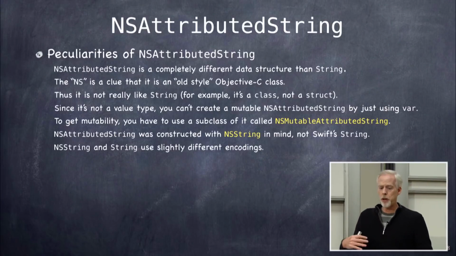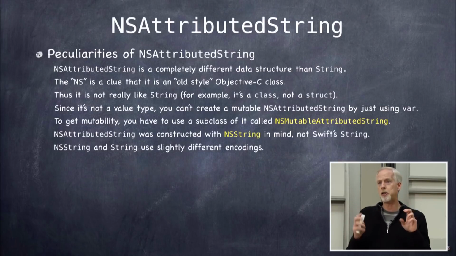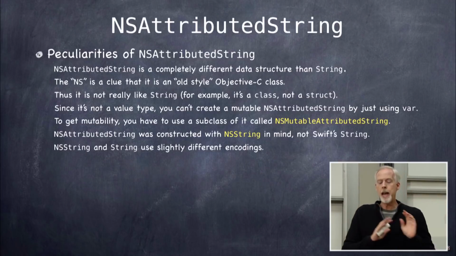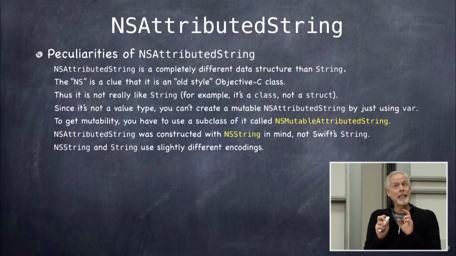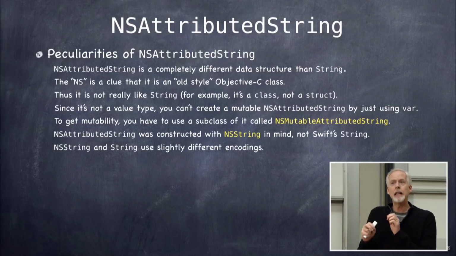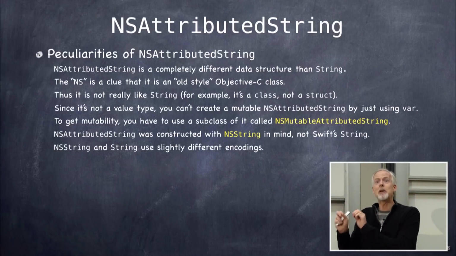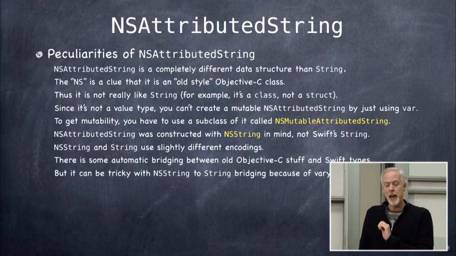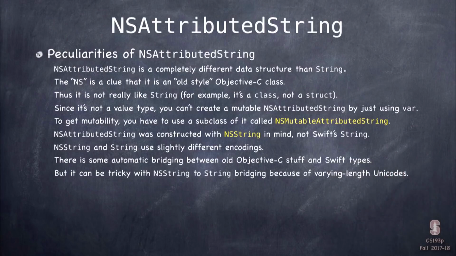Also, NSAttributedString was built and constructed internally with NSString in mind. NSString is the old Objective-C string. NSString and String have a little different Unicode encoding underneath. So when you have wacky characters like emoji or café in there, the indexes into them might not quite match up, okay? And there's automatic bridging between String and NSString.